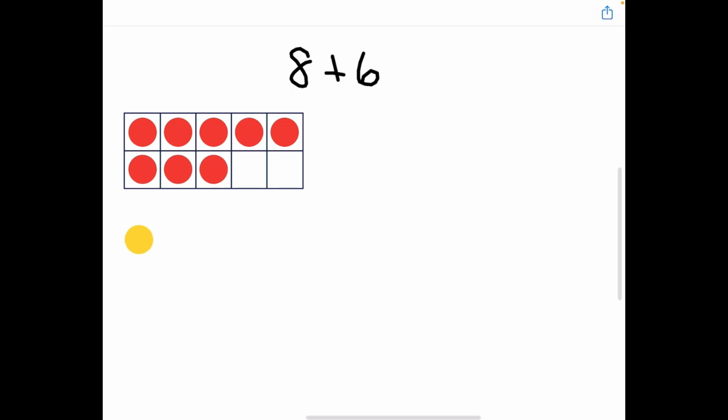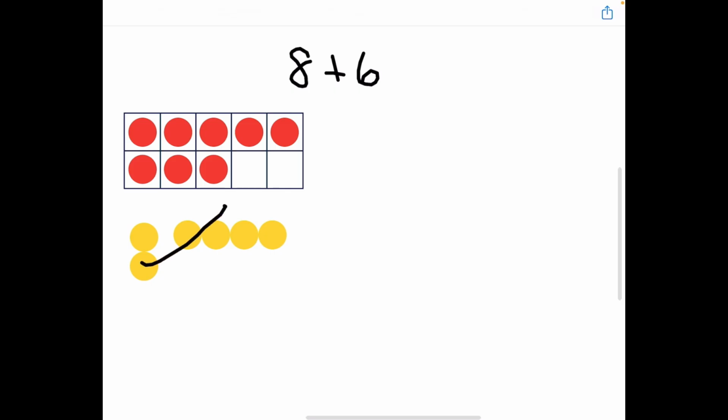And right below my 10 frame, I'll model out 6. All right, so just like before, I want to fill my 10 frame up. So I'm going to ask myself, how many more do I need to add on to this 10 frame of 8 to fill it up? So that is 10. Well, I have 2 empty squares.